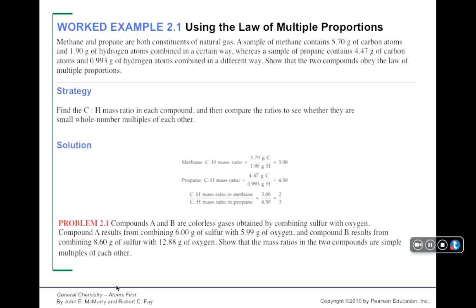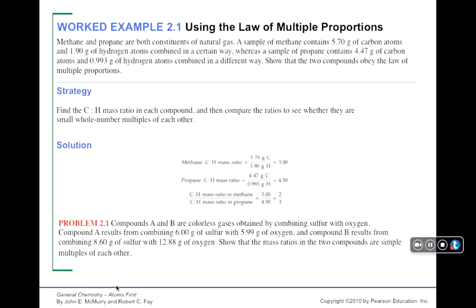So what you're given is, in the first one, methane, 5.7 grams of carbon and hydrogen is 1.9 grams. If you divide the larger by the smaller, you'll see you get 3, as an example there. And in propane, the carbon-hydrogen mass ratio, again doing the same thing, divide the larger by the smaller, you end up with 4.5. And then if you take those two and divide them, you see that the ratio is 2 to 3.